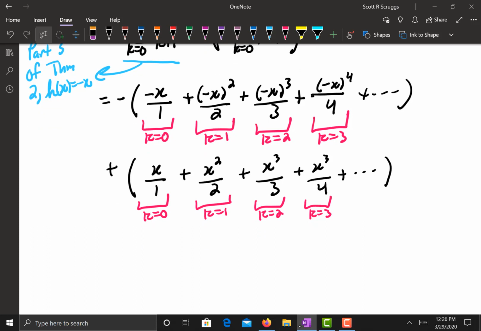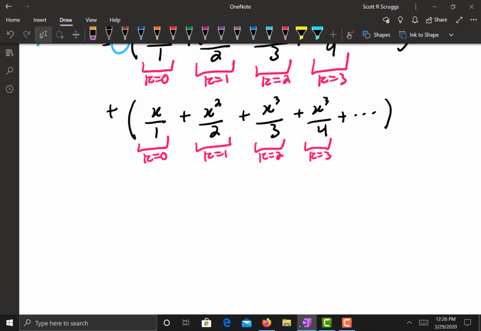Alright, so two things are going to happen. A negative sign is going to distribute to everywhere in the first series, and for every even power, the negative sign inside that power will cancel out, because a negative sign raised to an even power negates the negative sign.